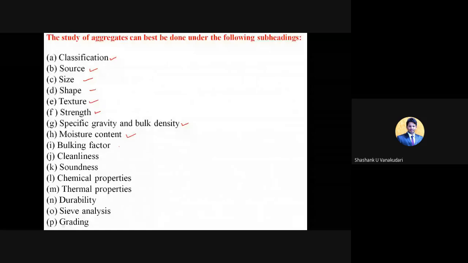So all these factors matter a lot, followed by bulking factor, cleanliness, soundness, chemical properties, thermal properties, durability, and at last grading. So here it can be described in various aspects. We need to consider all these parameters while selecting the coarse aggregate in construction.